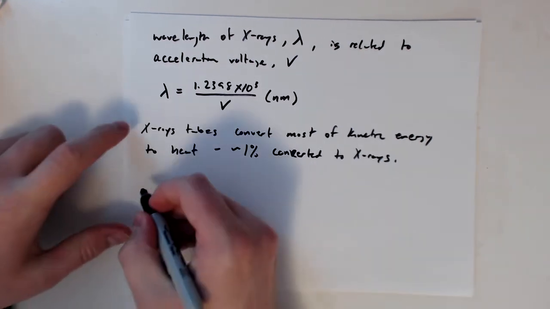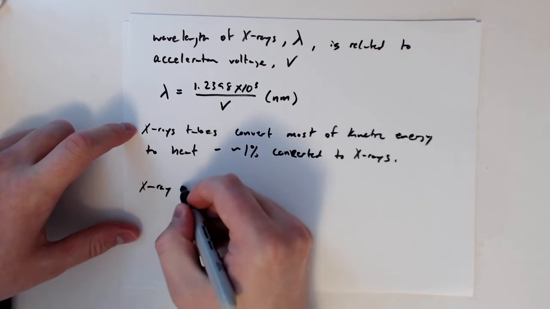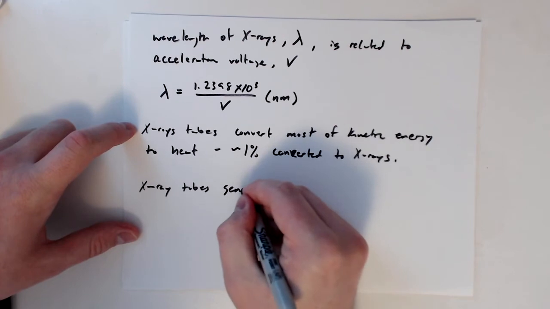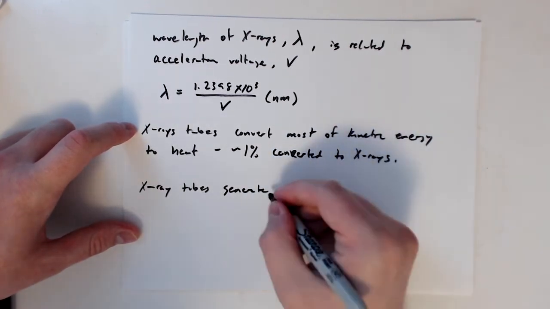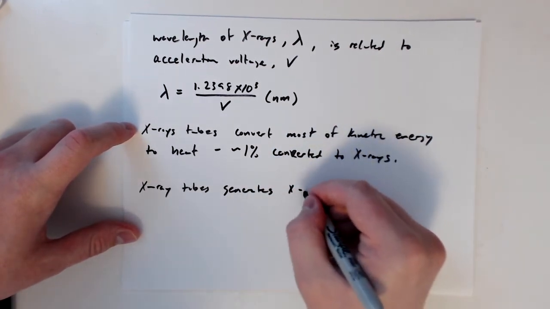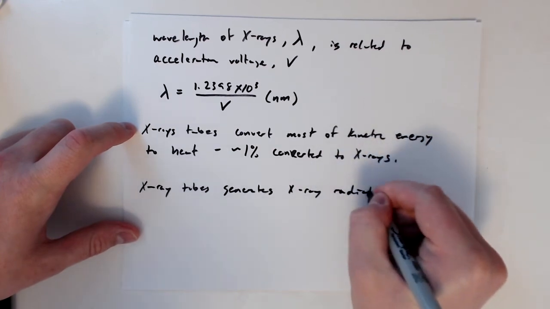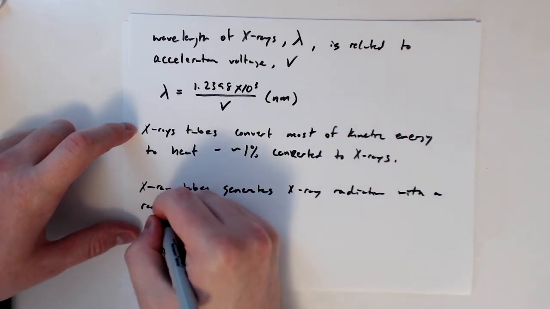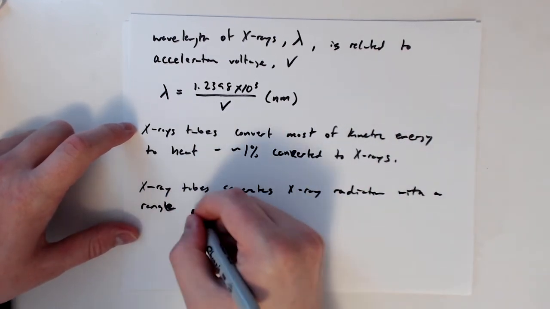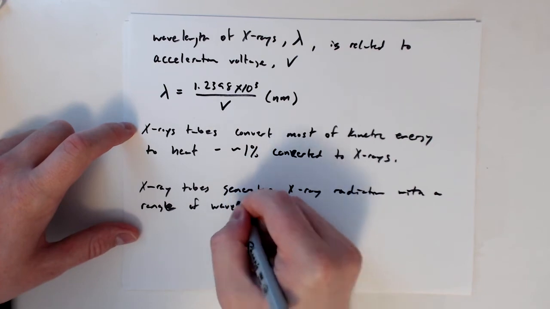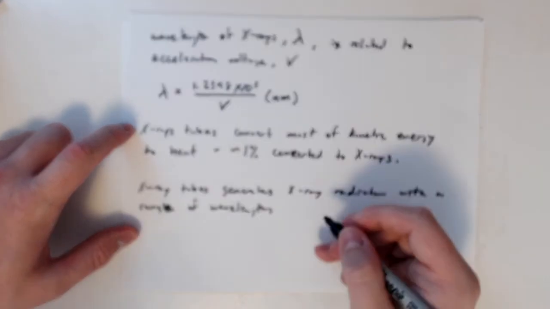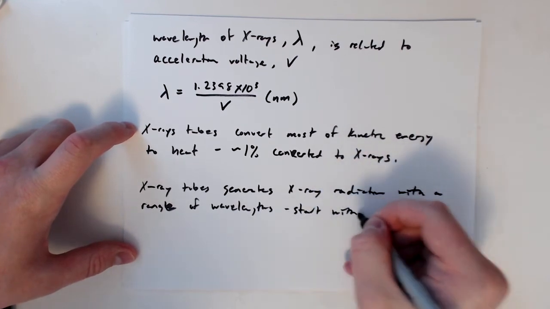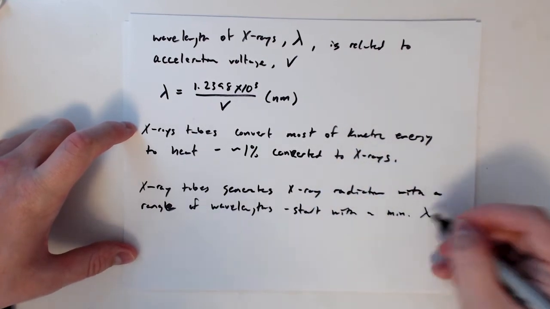All right, so these X-ray tubes generate a range of wavelengths. And they start with a minimum wavelength.